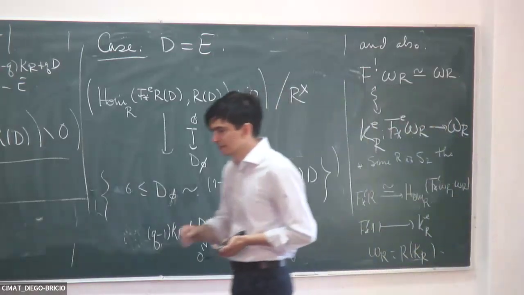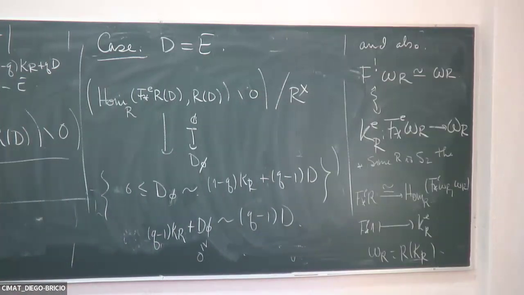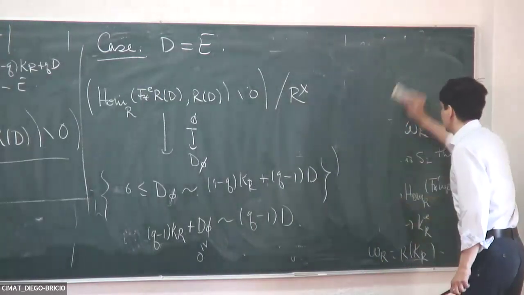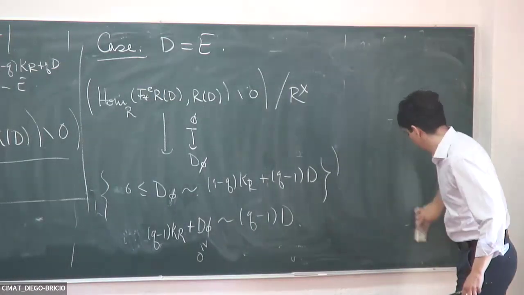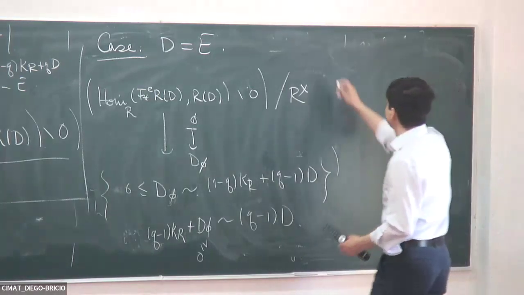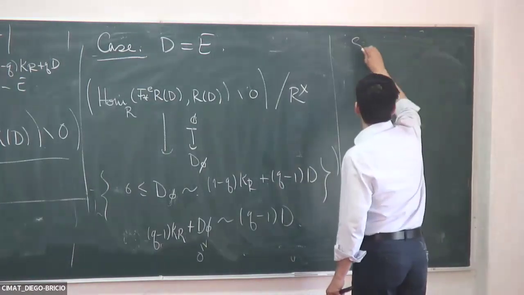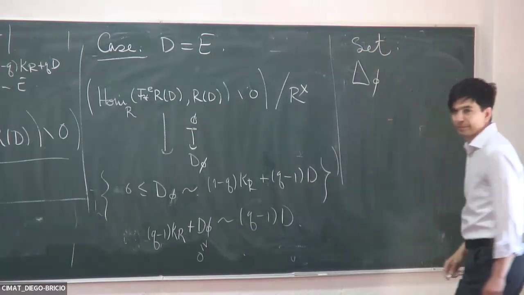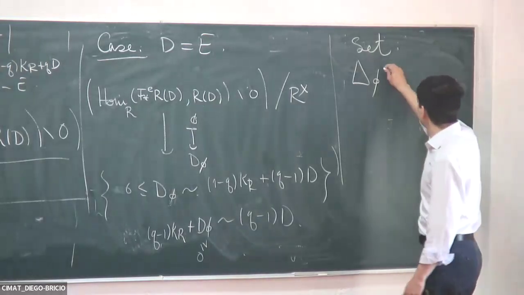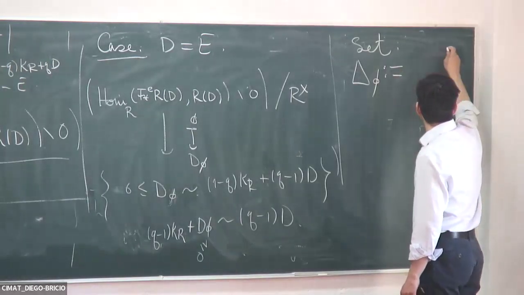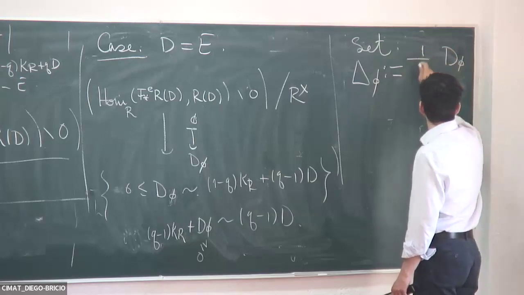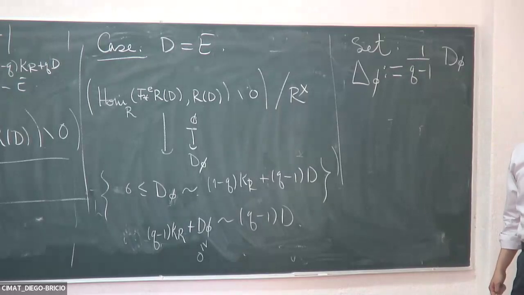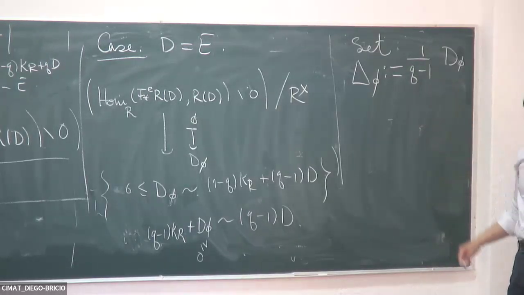Okay, so set delta phi equal to d phi over q minus 1. Where does this live?